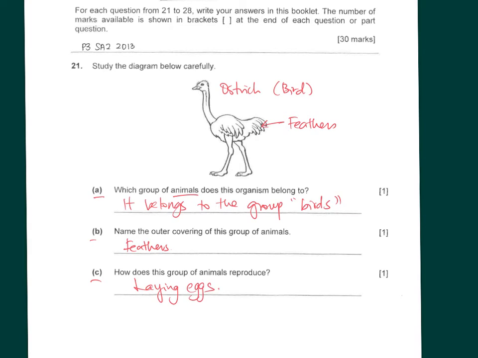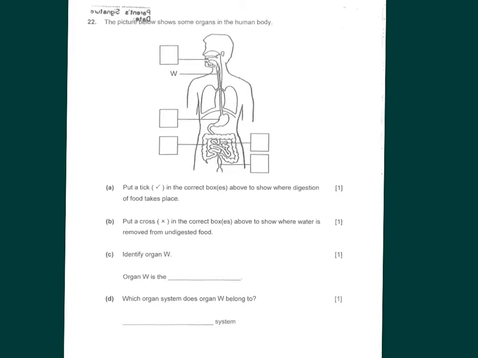Alright. Question 22. The picture below shows some organs in the human body. Put a tick in the correct boxes above to show where digestion takes place. So digestion takes place in the mouth.